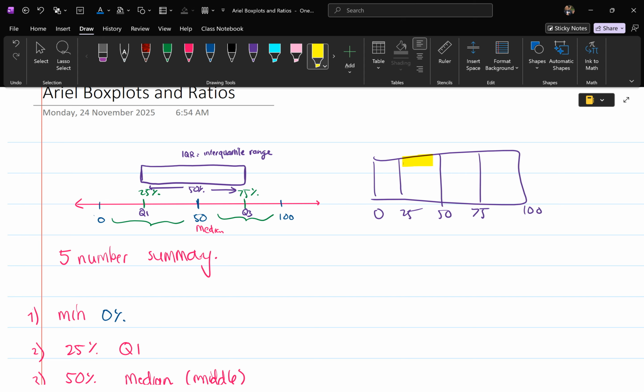So you can get 25% from here. For the bottom half, you take half the lower group, and you take half the upper group. And that's why that represents 50%, but a middle 50%. And that's why we look for the interquartile range.